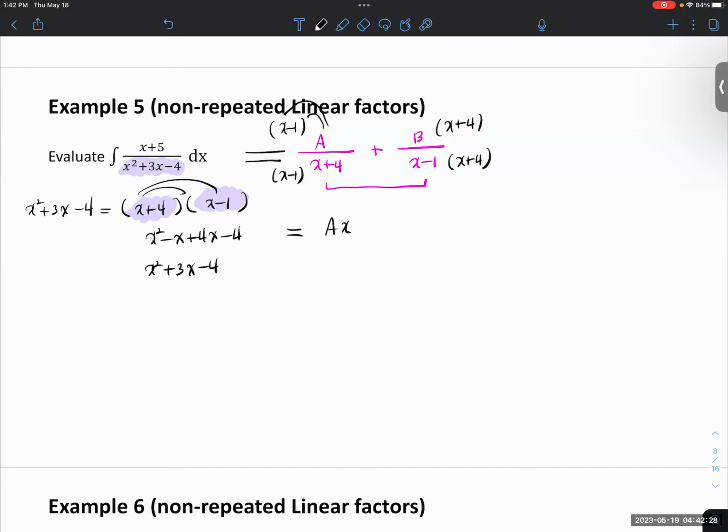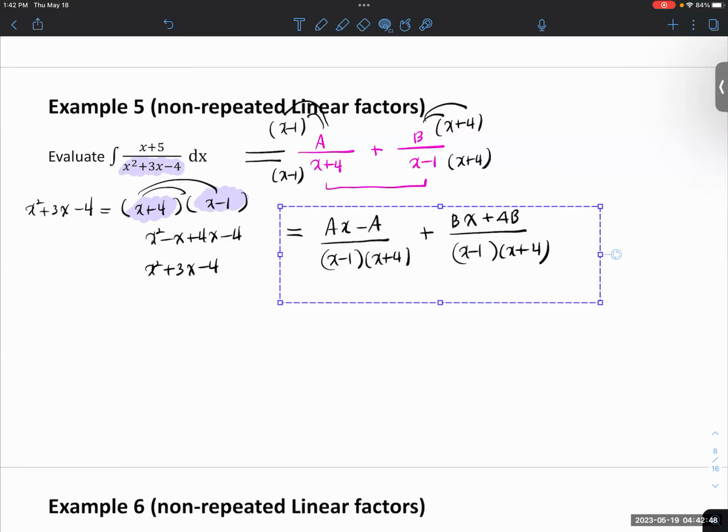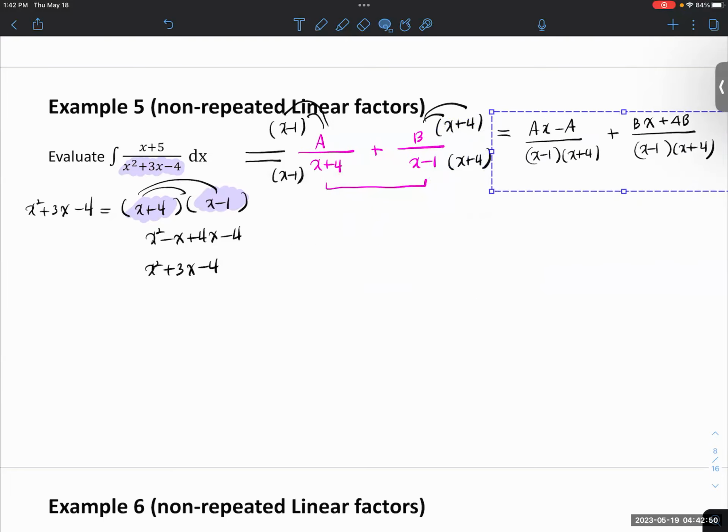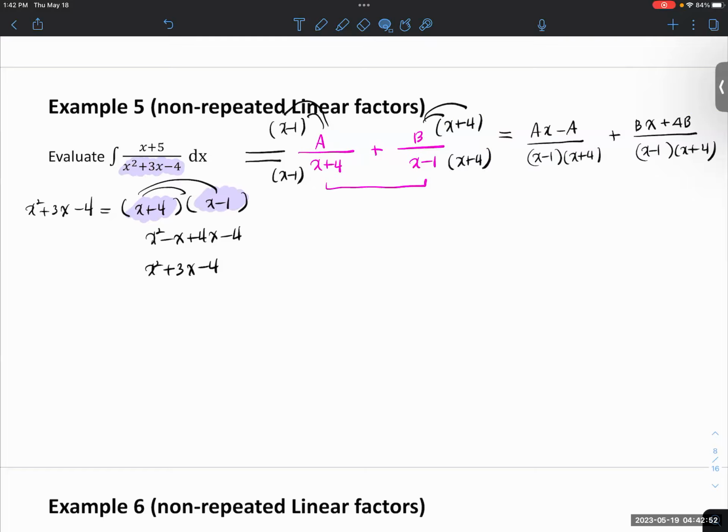So Ax minus A over (x minus 1)(x plus 4), plus, with the distributive property, Bx plus 4B over (x minus 1)(x plus 4). So I can add them. Let me just write here. So now this is going to be equal.